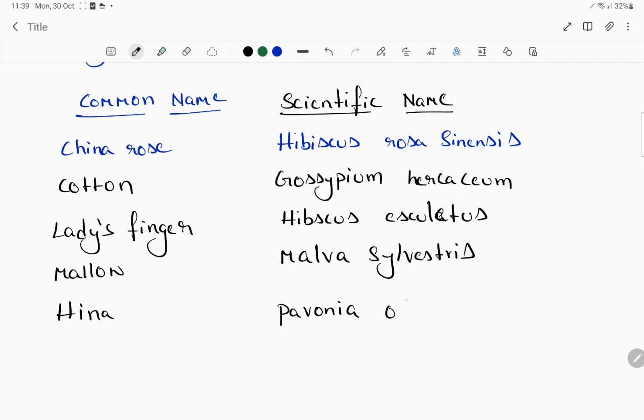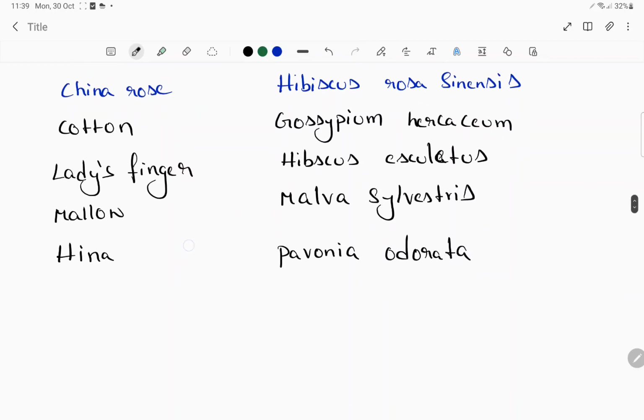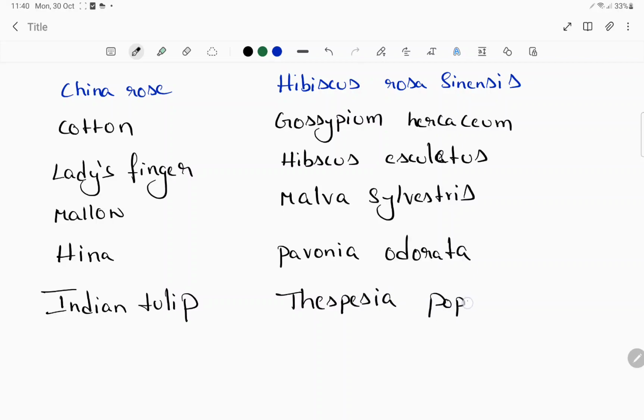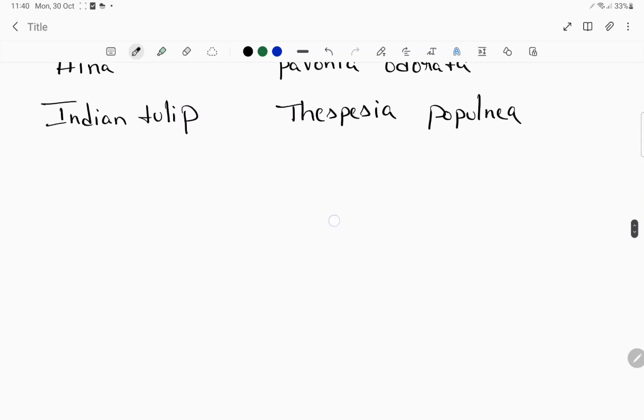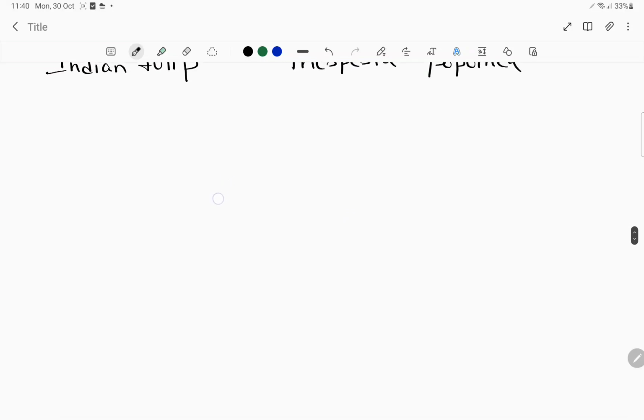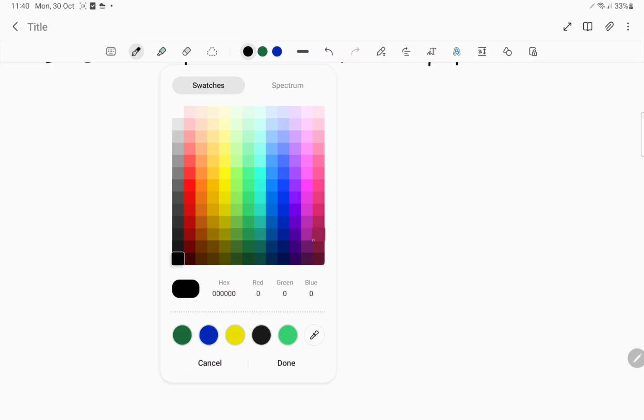And next, Henna, Pavonia odorata. And next, the Indian tulip, Thespesia populnea. We already know this family consists of 4,000 species, and they have nearly 25 genera.